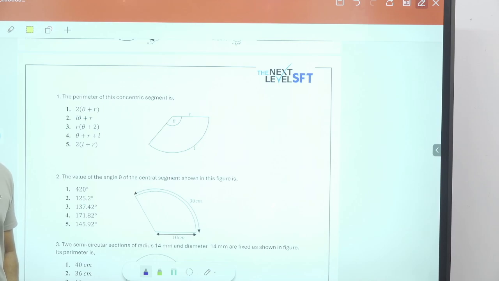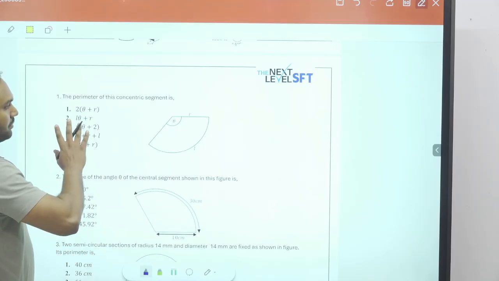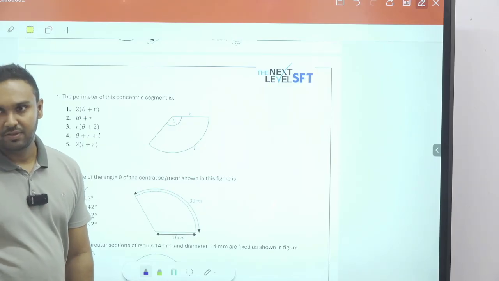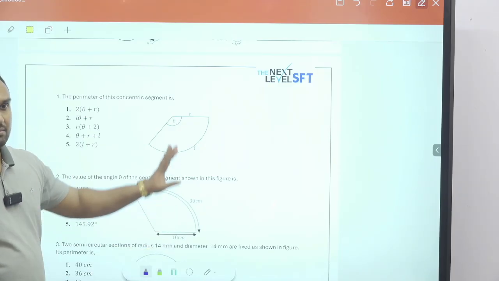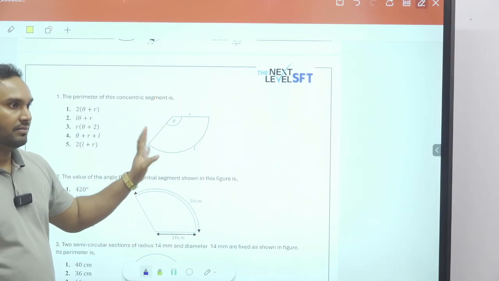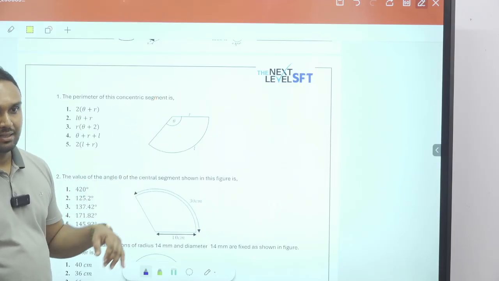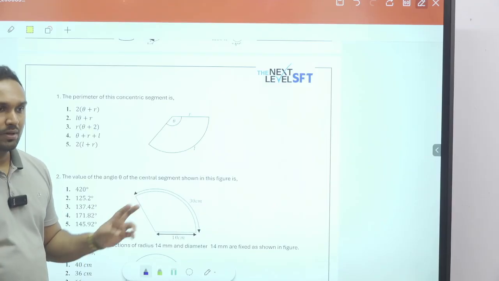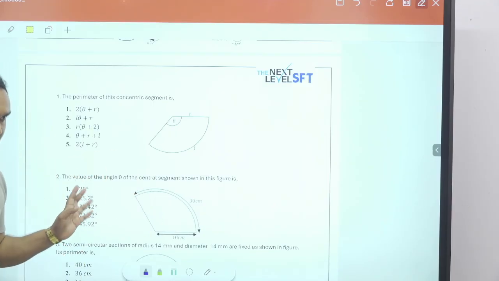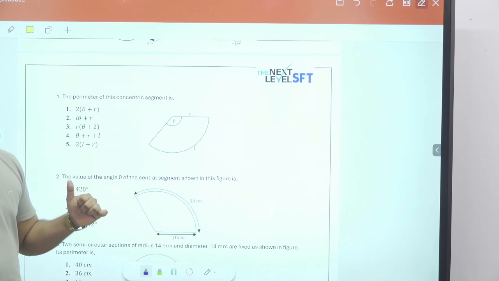It's only started. So how do you do it? Listen. The answer should be 2R plus L, right, if you take the values from the labeled values that are given. But 2R plus L is not there. Instead there's theta, so you have to somehow include theta.